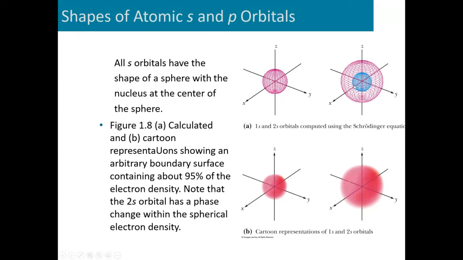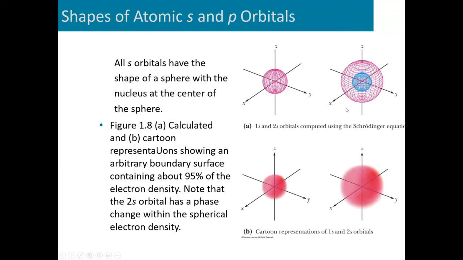The blue area here is a node, so that means that in this blue area there is no way you can find the electrons. So the 2s orbital, for example, is kind of like an empty sphere. Only in the purple area the electrons can exist.